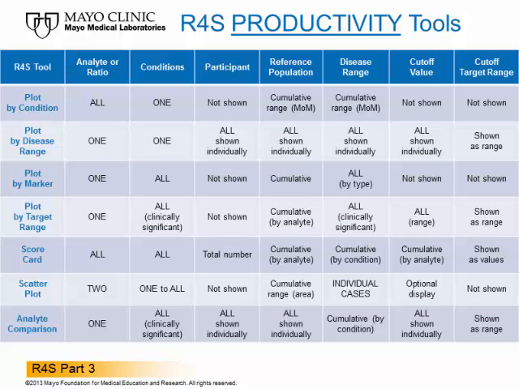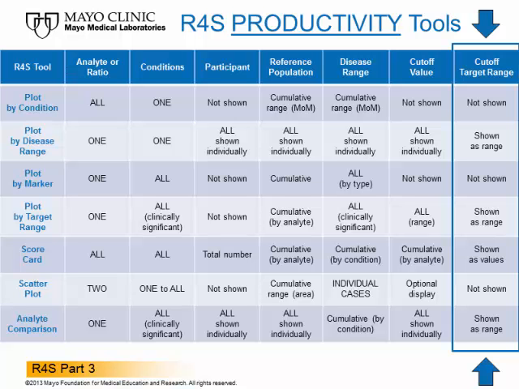We begin with a summary of the productivity tools that have been described previously. What they all have in common is a goal to collect and analyze the data needed to establish clinically validated cutoff target ranges for the markers measurable by tandem mass spectrometry in neonatal dry blood spots.